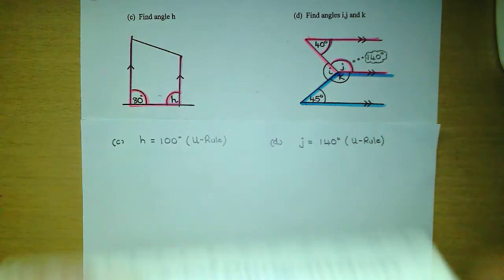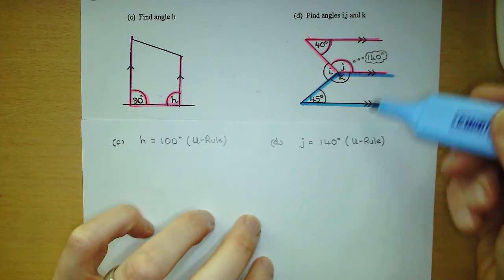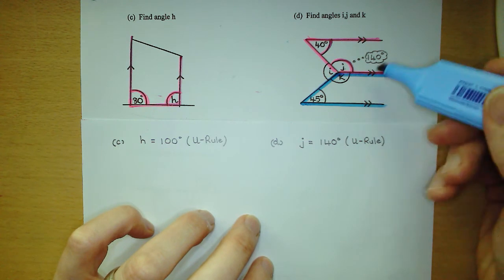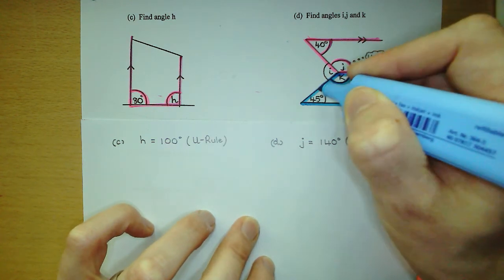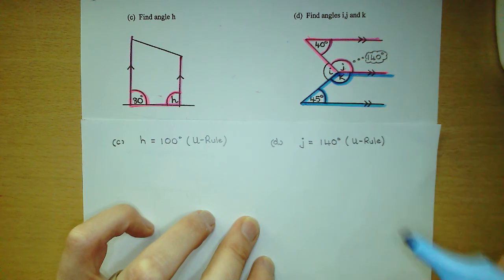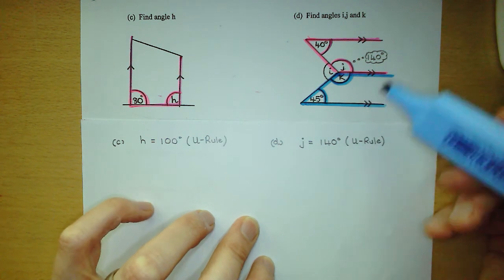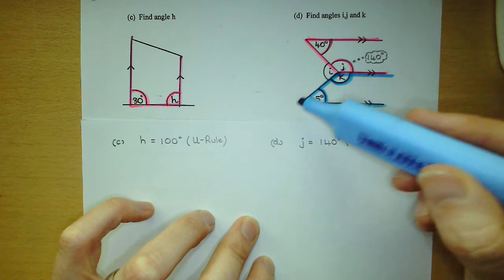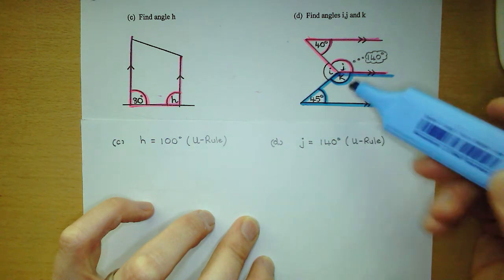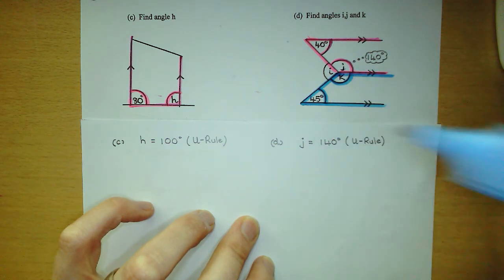Like that. So again, we have another letter U because it contains two parallel lines, and that means the angle K and the 45 degree angle are interior angles because they lie inside the U and they lie at the joints of the U. So that means they add up to 180 degrees.